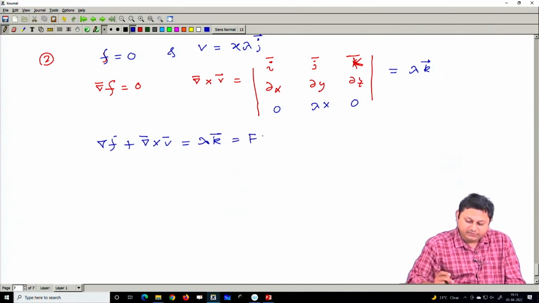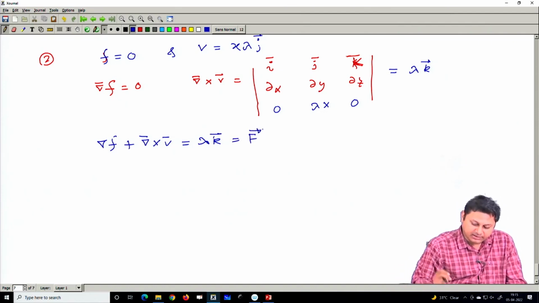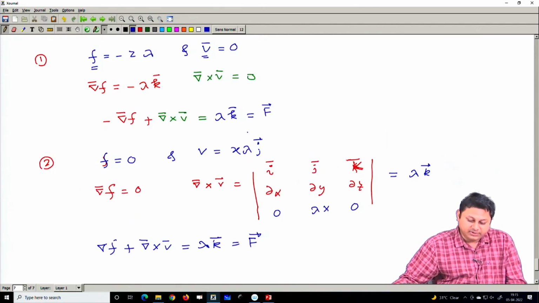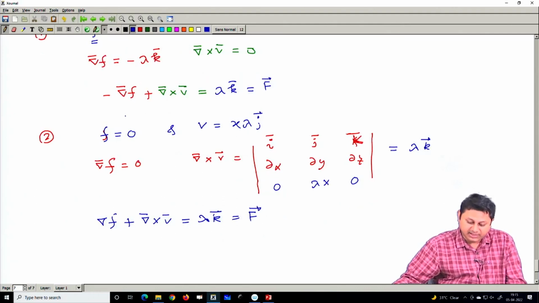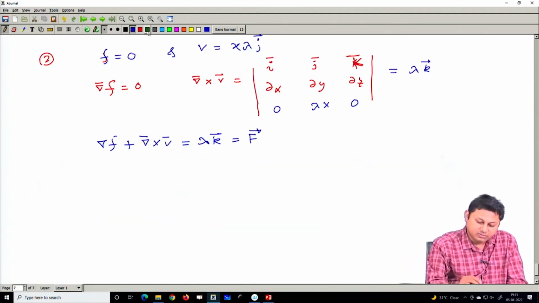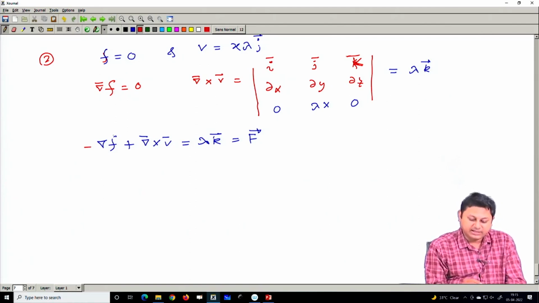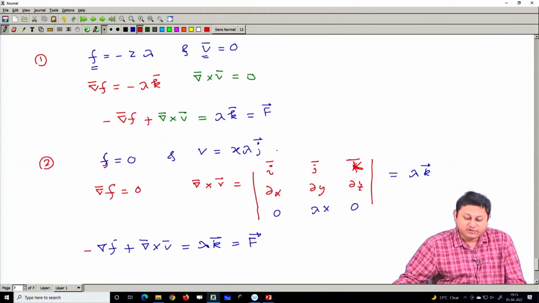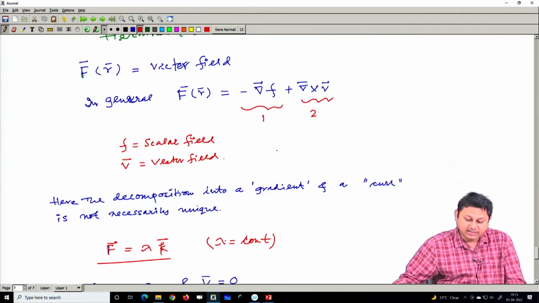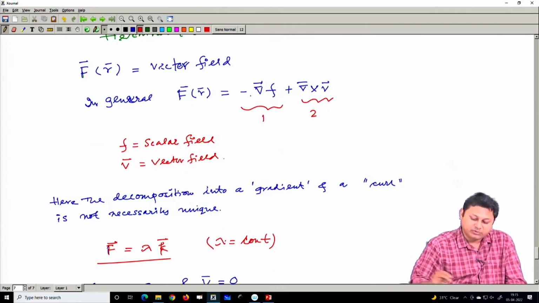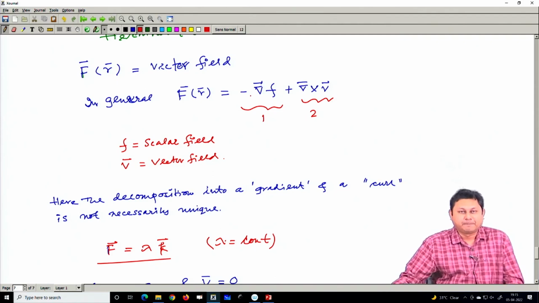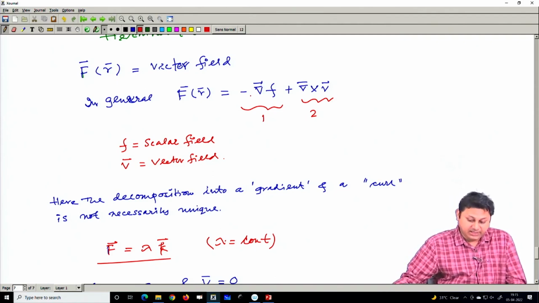So for the given function, I can construct two different f and v, and in both cases this decomposition works. Okay, I should have put a negative sign, and this negative sign is a convention. I must say here, this negative sign is the way we define a vector field in terms of a gradient of a scalar function and curl of a vector function.